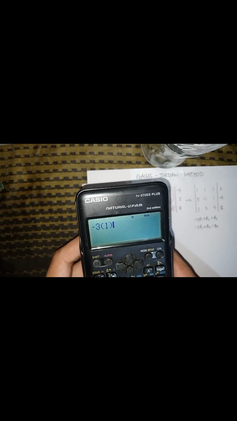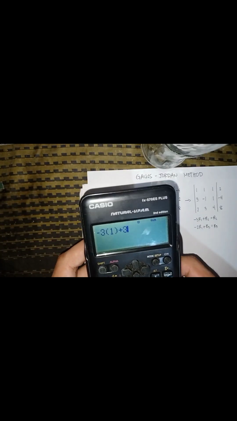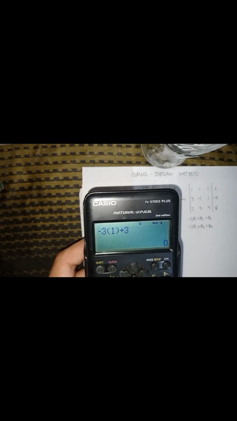Okay, let's do that. We will just have another matrix form here. R1 will be as is. We won't change R1 here. The ones to be changed are R2 and R3. Okay, pull out our calculator. Negative 3 times R1, which is 1, plus R2, which is 3. The answer will be 0, right? So this part here will be 0.